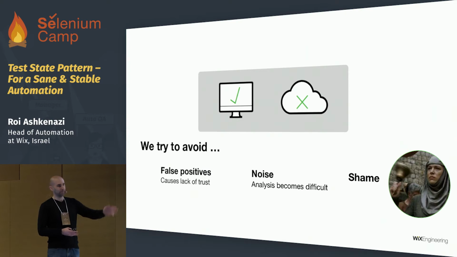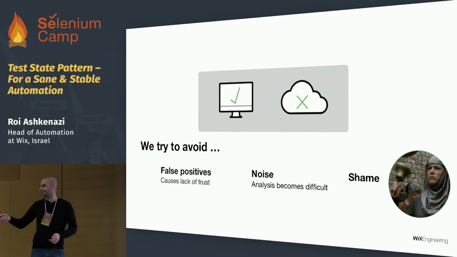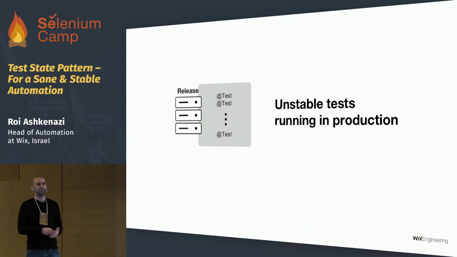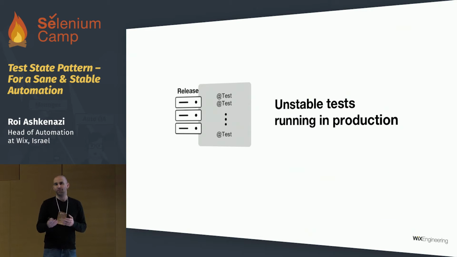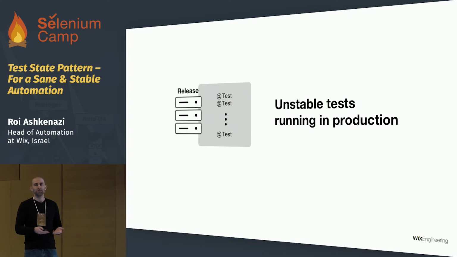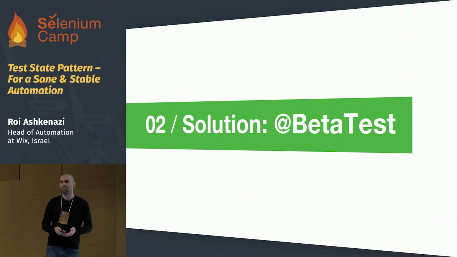And of course, the shame, nobody likes the shame. So we have a lot of tests. Some of them are unstable, or in a worst case, a lot of them are unstable, and those are end-to-end, and it's causing a lot of noise. It's not good, as we said, but we need to find some kind of solution.